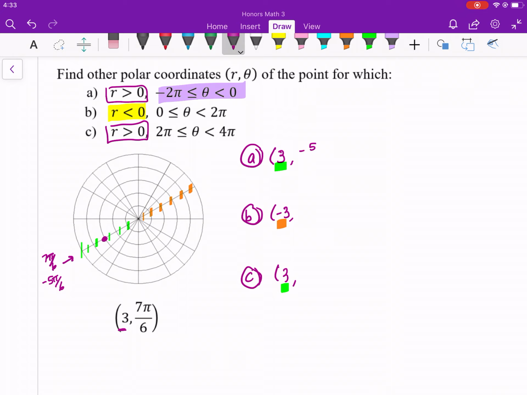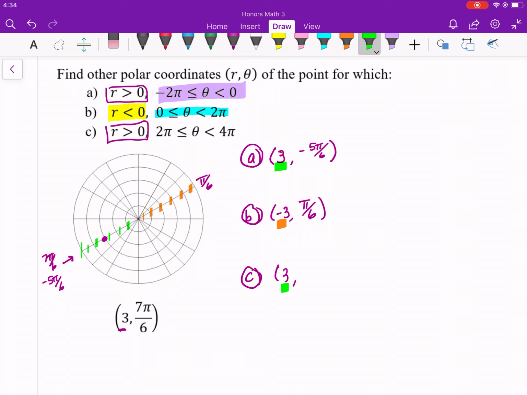For our next one, we're going between 0 and 2 pi, so this should be the easy one. However, because the radius was negative, we want the angle that is on the orange dotted line that I made. So that is positive pi over 6 right here. And that's just pi away from 7 pi over 6. It's an easy way of finding it.